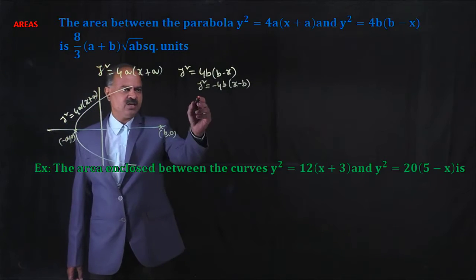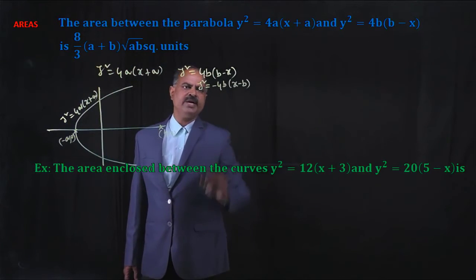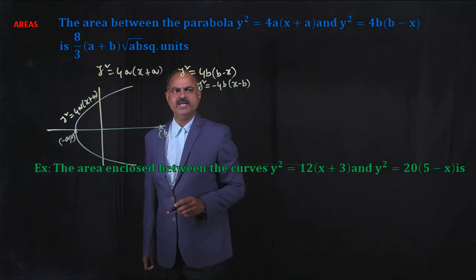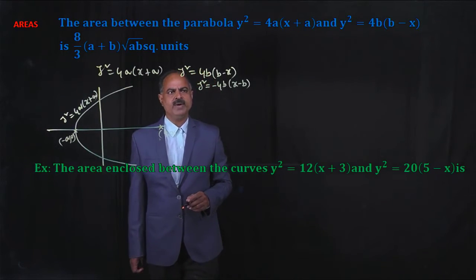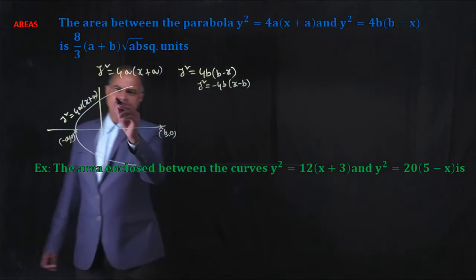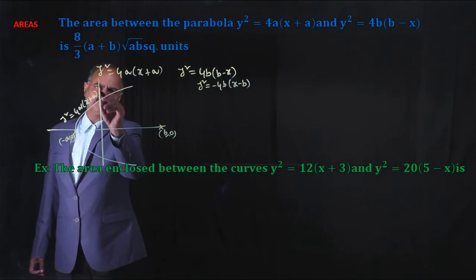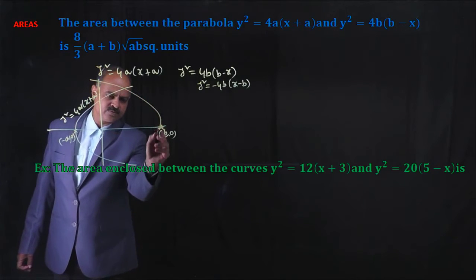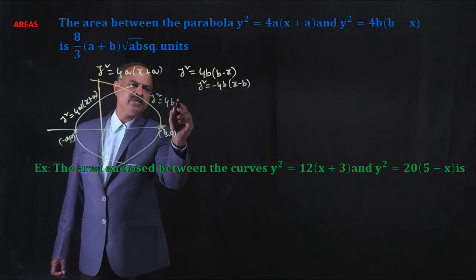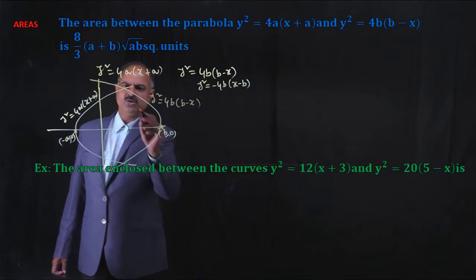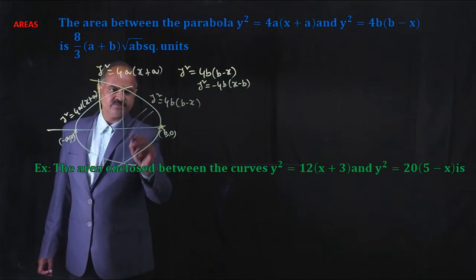Now this is of the form (y - k)^2 = -4a(x - h). So this parabola has vertex (b, 0). This is y^2 = 4b(b - x). So this is the required area.